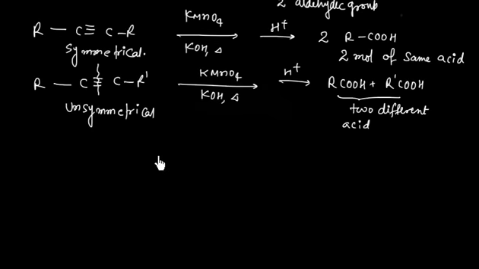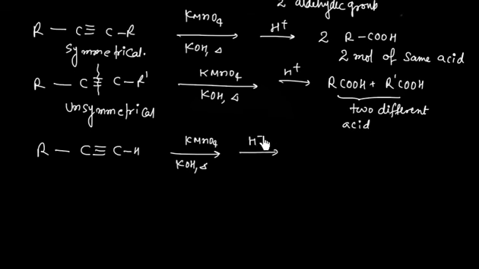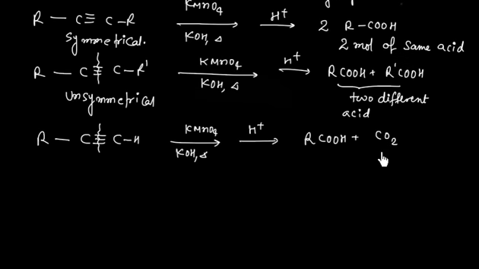Now if I have a case of terminal alkyne treated with KMnO4, medium is basic, warm also, further acidification, it will give one molecule of CO2 and one molecule of acid. So if I am getting one molecule of CO2, this means the alkyne is terminal.